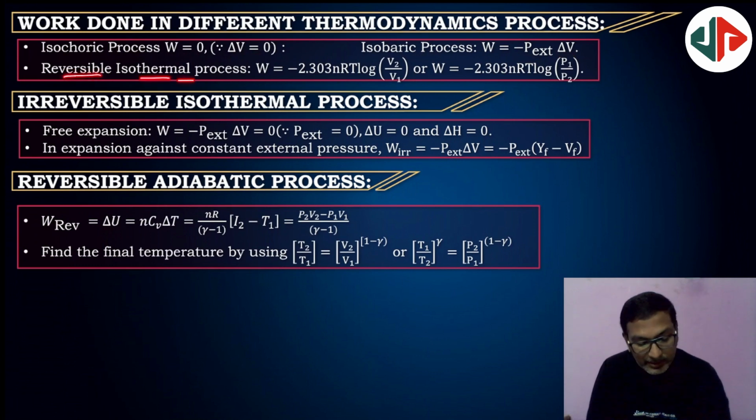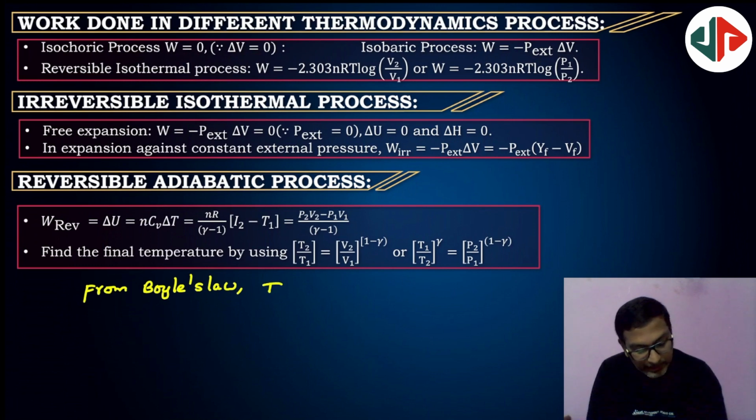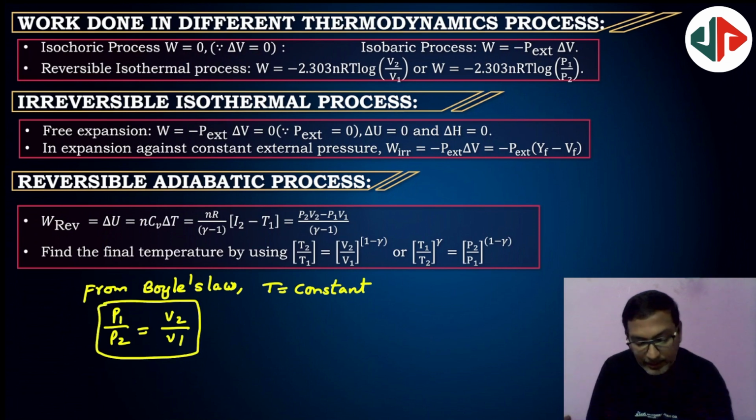Reversible isothermal process, work done equals minus 2.303 nRT log V2 by V1, or from Boyle's law, at constant temperature, P1 by P2 equal to V2 by V1. From this we can write log V2 by V1 equal to log P1 by P2.